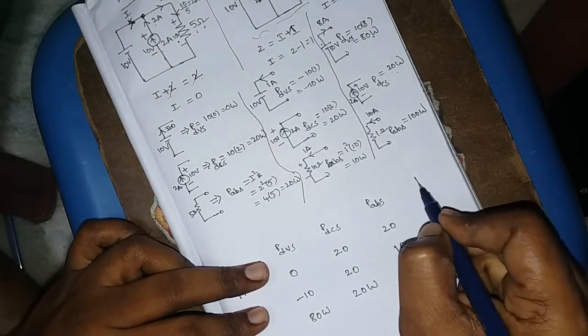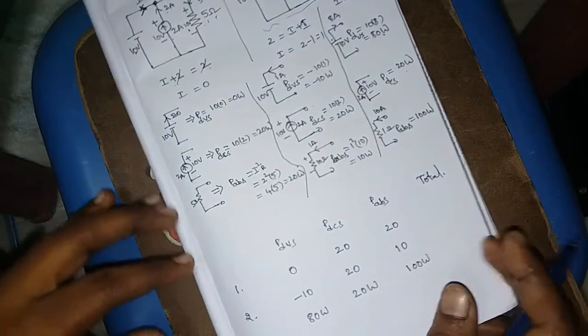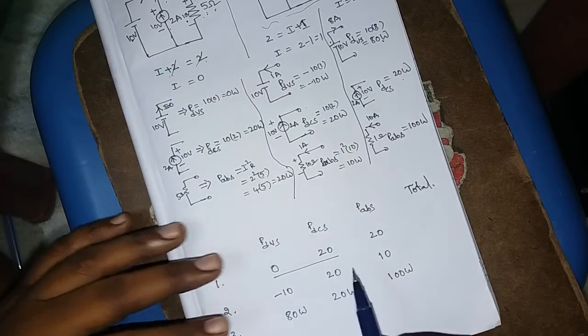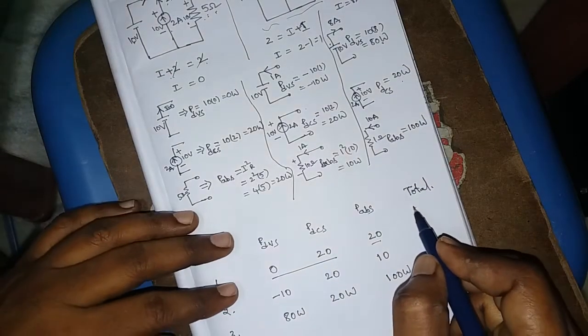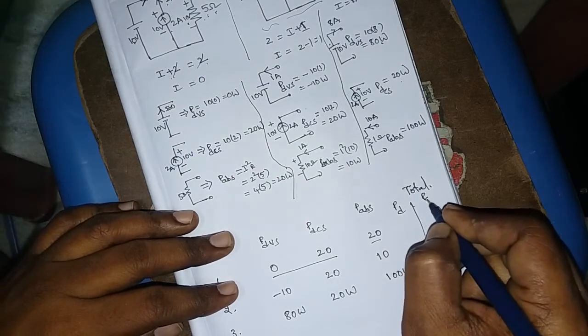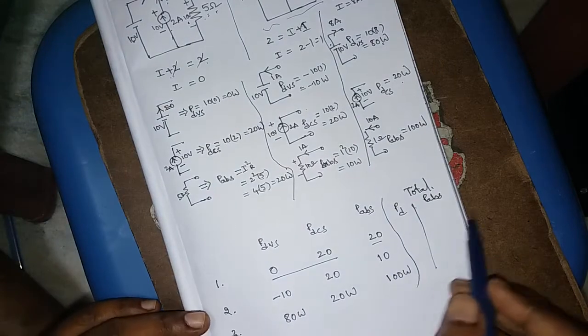Okay, now let us find the total power. First let us calculate power delivered, then power absorbed. Total power delivered, and this is power absorbed.